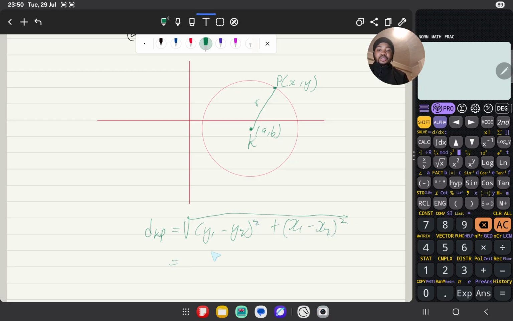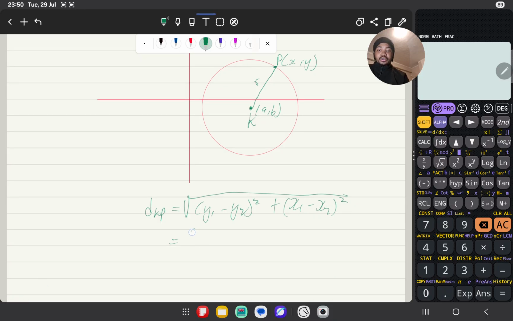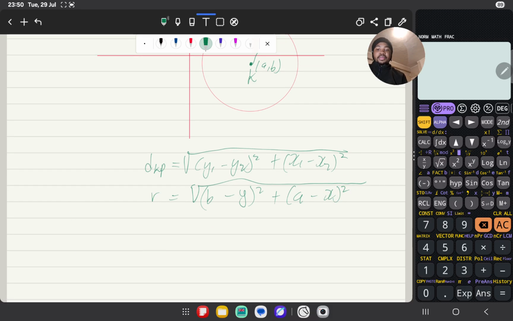That is the formula. And now you substitute. So you have the square root of (b minus y) squared, and then here you have (a minus x) squared, and this is your radius.